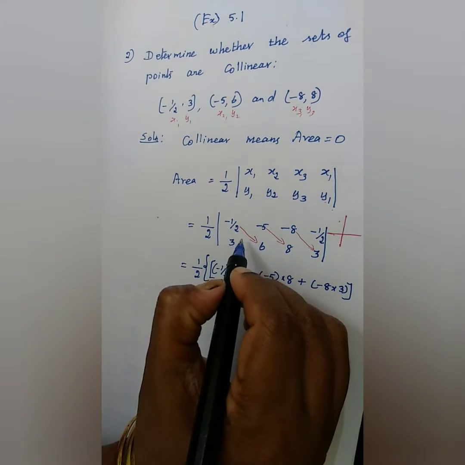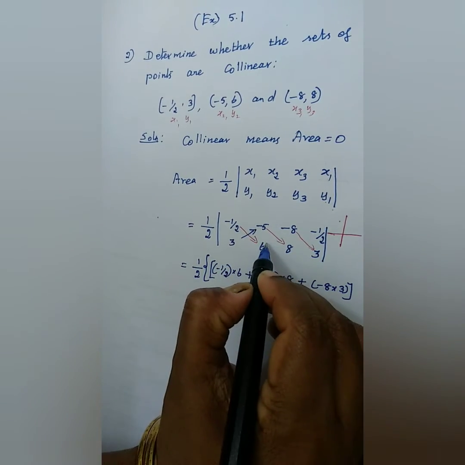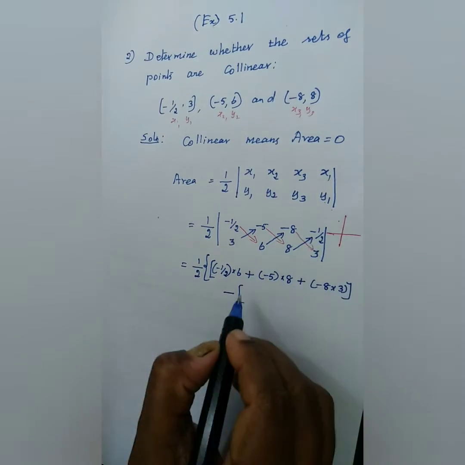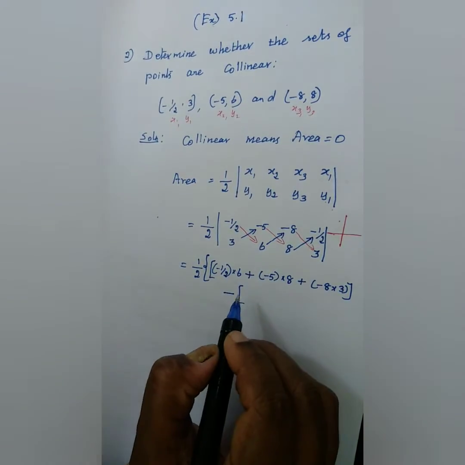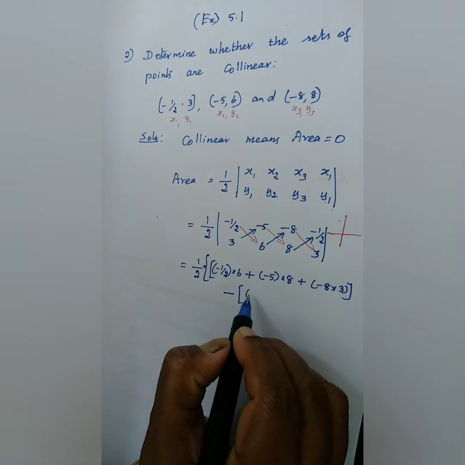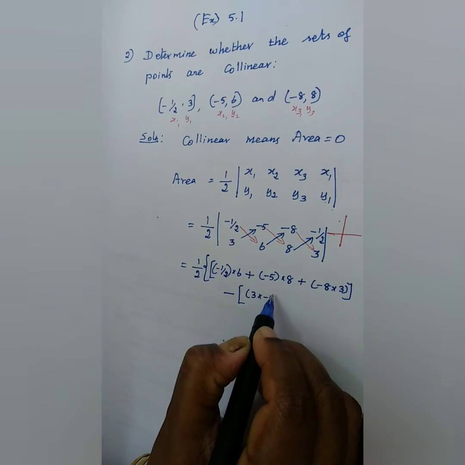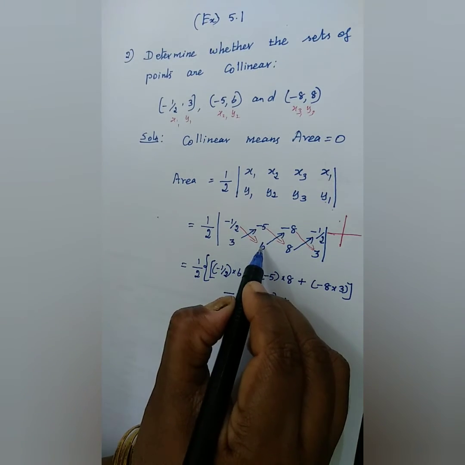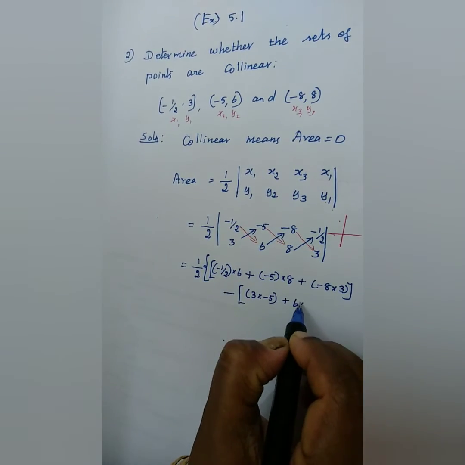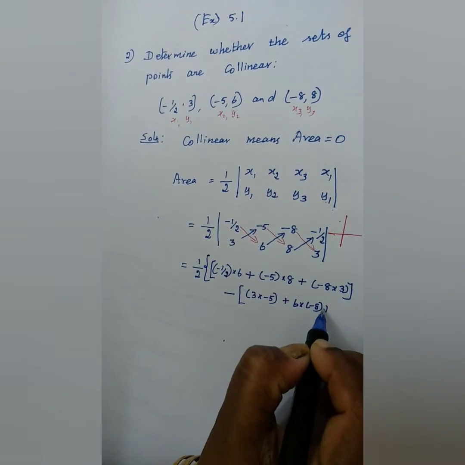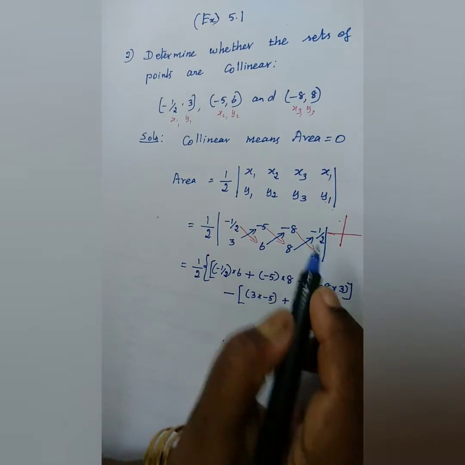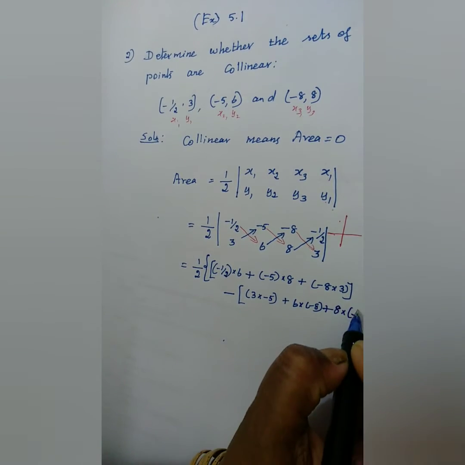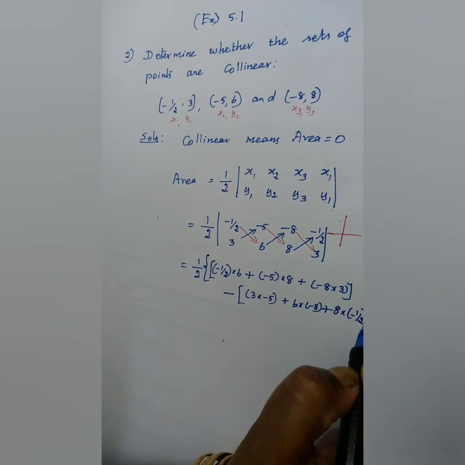What is the next set? 3 into minus 5, plus 6 into minus 8, plus 8 into minus 1 by 2. This is the second set.